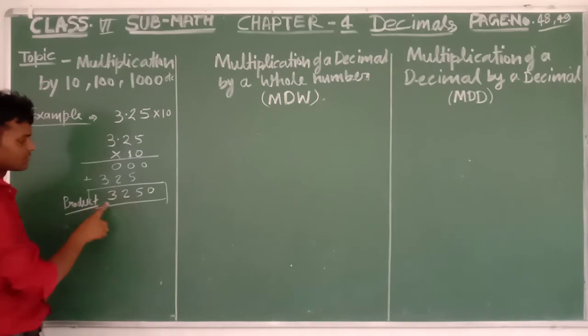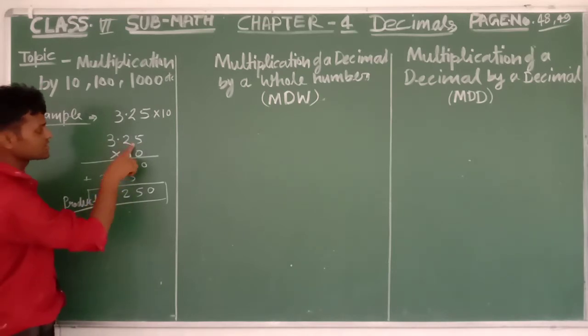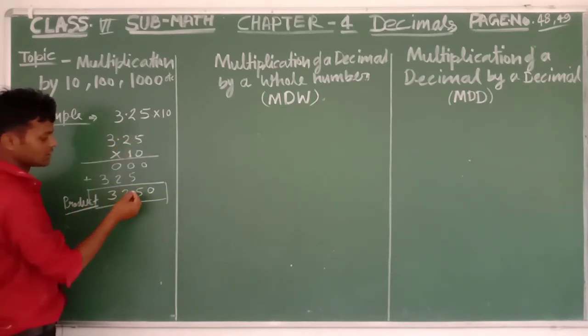And now last work, you count the decimal places, the digits. So you count 1, 2. You put the point on the right side in the product.